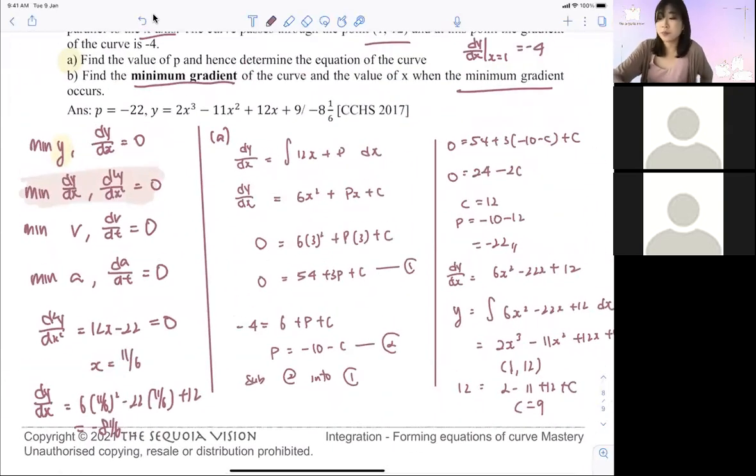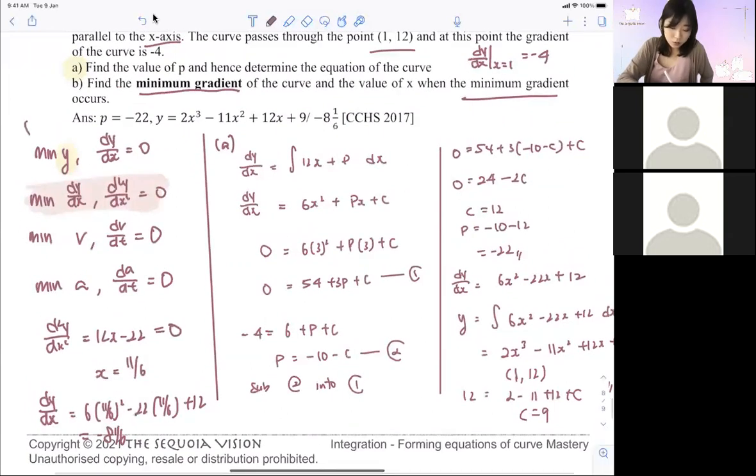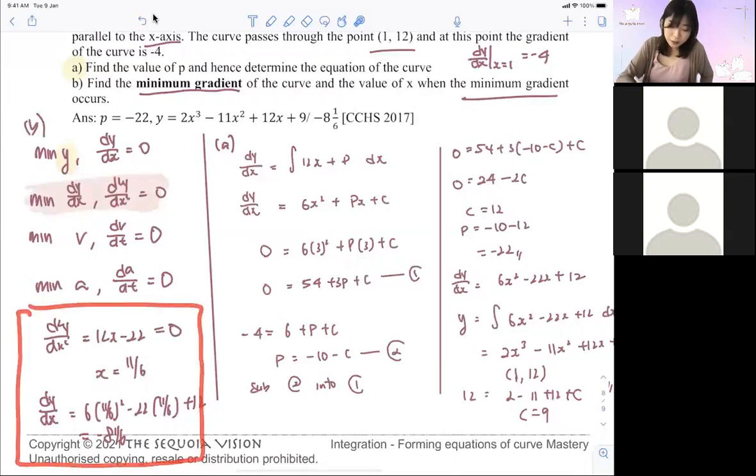Any question? When you're done, can you help me put a thumbs up? Wait, where's the working for the thing? For which one? For part B? Here only. This part here, can you please copy in case you forget?